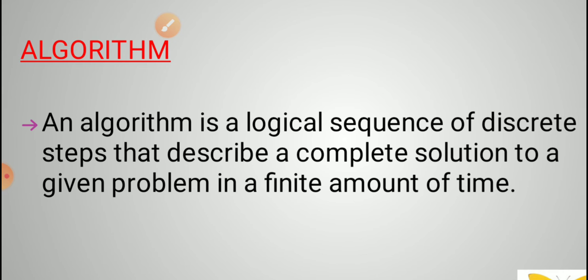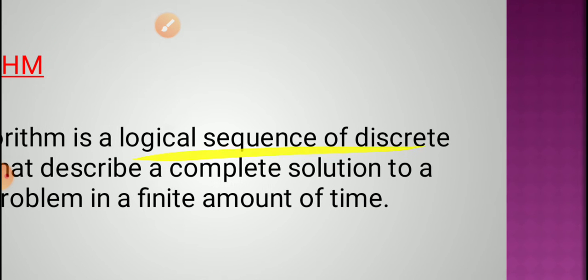Then after writing the steps, you convert that into a flowchart. Then you can write the program using any computer language. In this way the programmers develop programs, and using these programs the computer solves the problem. Okay children, next we will look at the characteristics of a good algorithm.